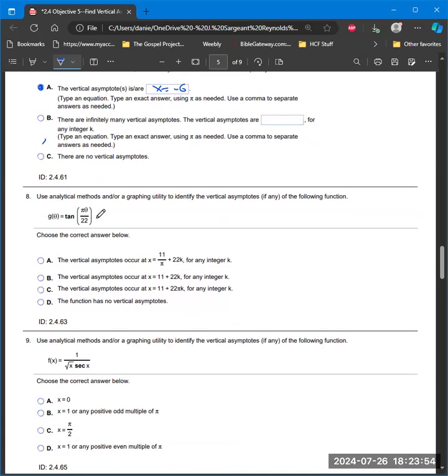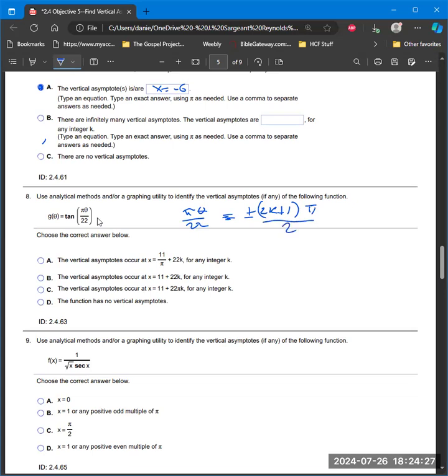Now, 8, that's much more interesting. I have to think of all of the places where tangent is normally undefined. So pi theta over 22. Tangent is normally undefined at odd multiples of pi over 2, plus or minus 2k plus 1 pi over 2.